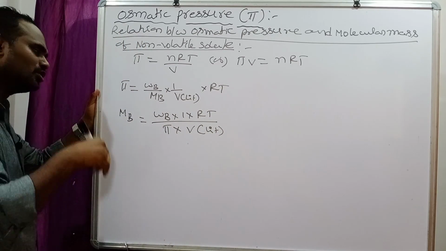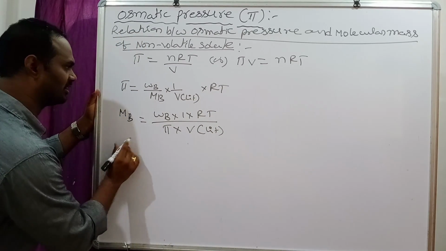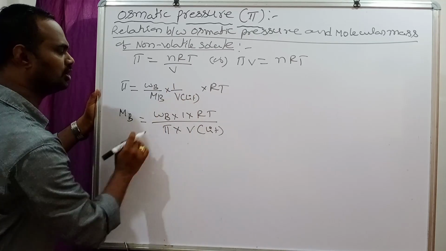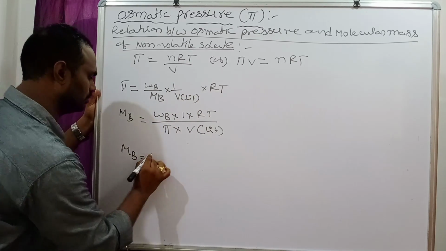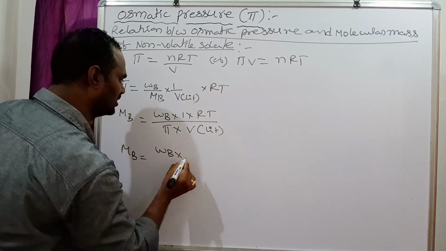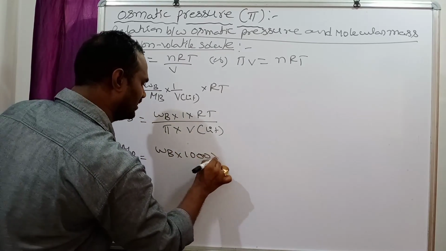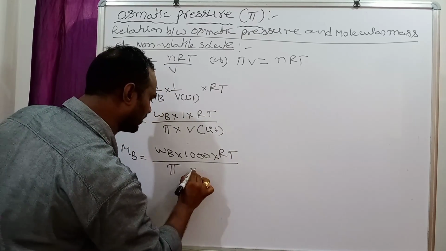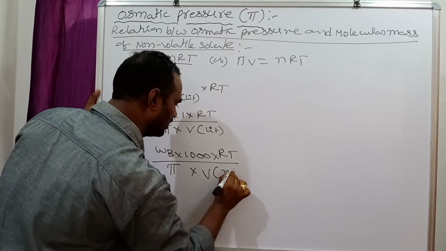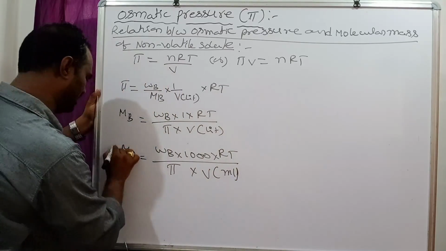Suppose the volume is given in milliliter, what are we getting? 1000 by volume in milliliter. So M B is equal to mass of solute into 1000 into RT by osmotic pressure into volume of solution in milliliter.